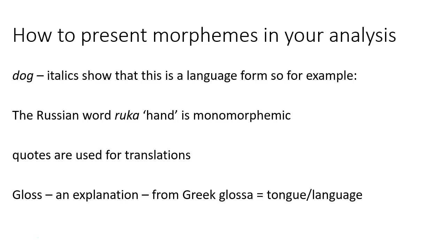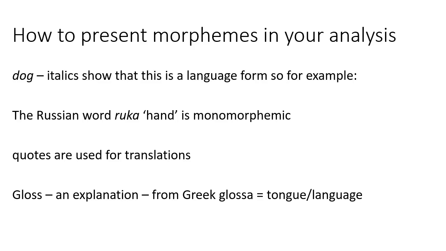Because we're quoting Russian, we put the original language in italics, and we then gloss, and we gloss with single quotes. So you can see that I've glossed, for non-Russian speakers who don't know what ruka means, 'hand' in a gloss. So we use these single quotes for translations, and they are called glosses. You will come across this.